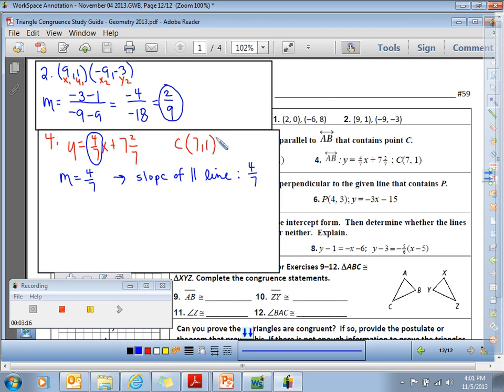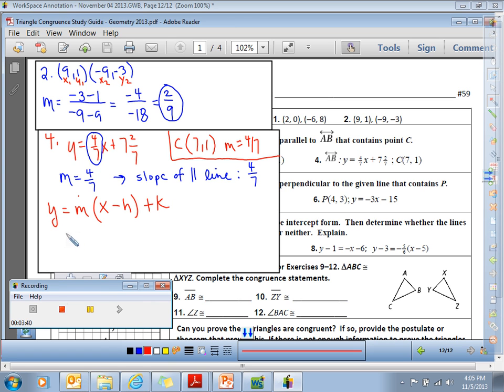Okay, and we want to go through this point. So the slope will be 4 over 7 also. Okay, and we can use the point-slope form, which is y is equal to slope times x minus h plus k.